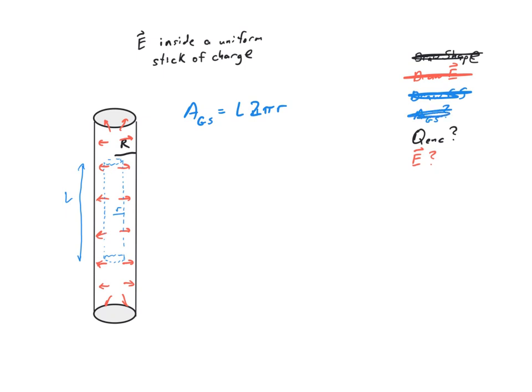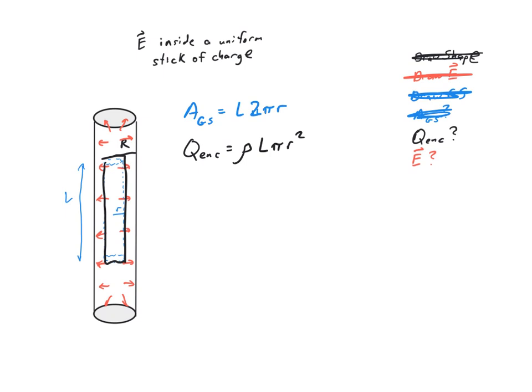What's the Q enclosed? The charge enclosed by that Gaussian surface is going to be rho multiplied by the volume of that Gaussian surface, because it's only going out to this boundary. So that's going to be L multiplied by pi little r squared, which is the volume of the Gaussian surface.